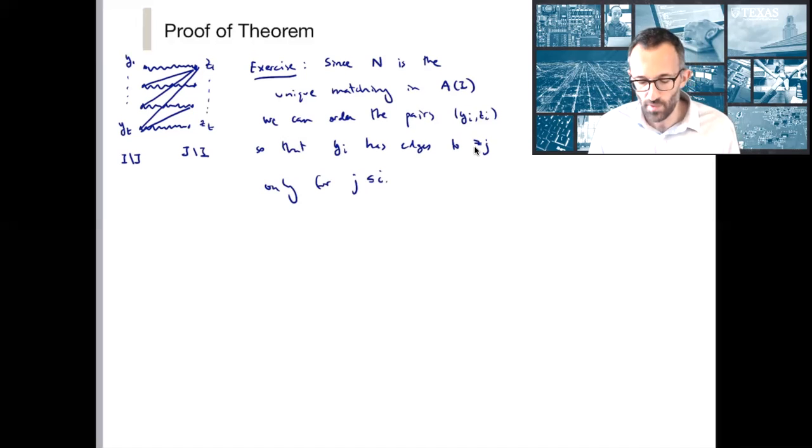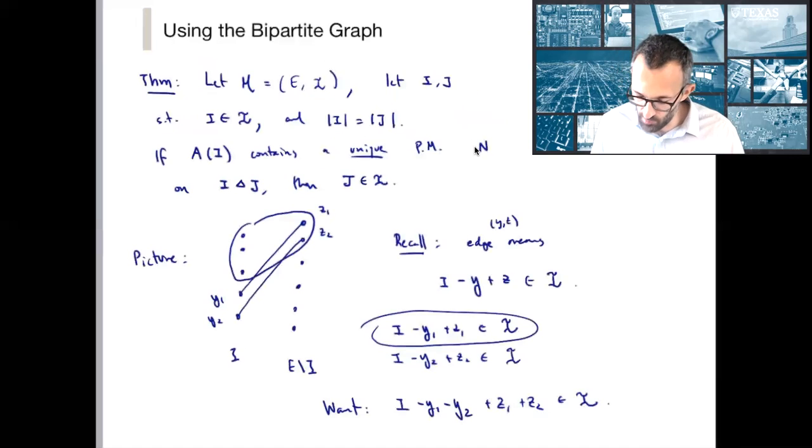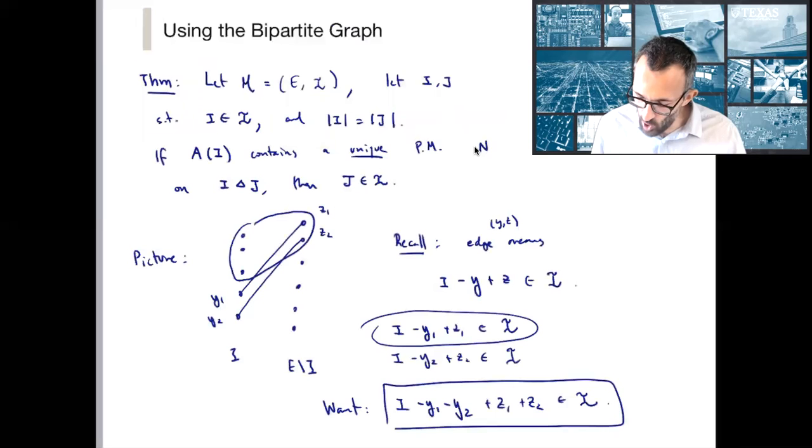We're trying to prove that I can swap all of the Y's for all of the Z's simultaneously and end up with an independent set. Just to show you the previous picture, it's saying that I can throw out all of the Y's in the matching, add in all of the Z's that are in the matching, that would take me from I to J, and end up in an independent set. This is the conclusion that we want.